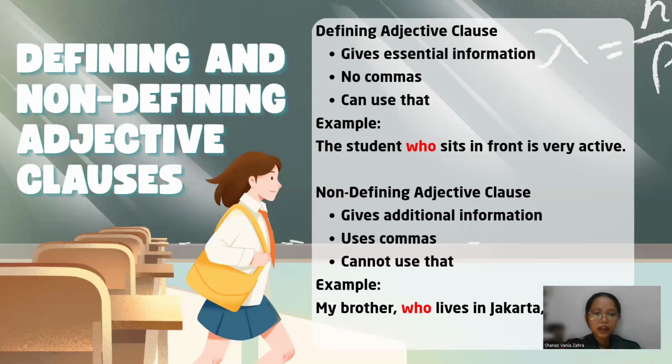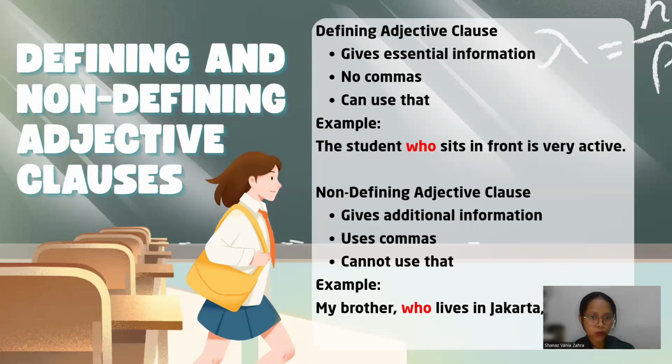Now let's look at a non-defining adjective clause. This type of clause gives additional information, not essential information. In the sentence, look at the example, my brother, commas, who lives in Jakarta, commas, is a doctor. The speaker already knows which brother is being talked about.